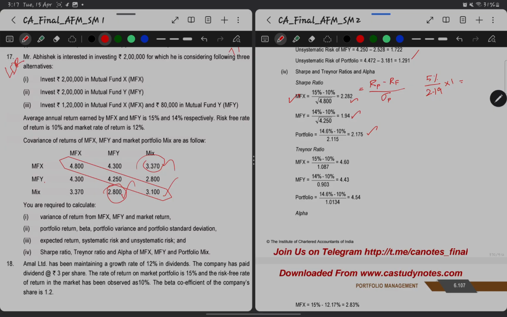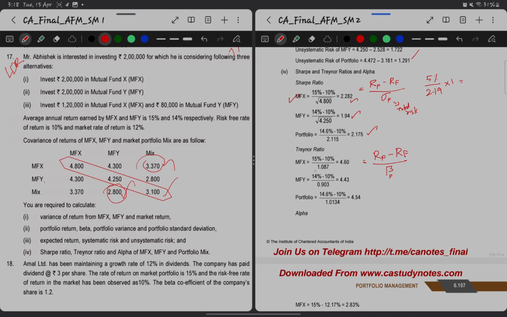Now the Treynor ratio measures the excess return per unit of systematic risk. In case of Sharpe ratio, it is the total risk. In case of Treynor, it is the systematic risk, which is nothing but beta. So as we have seen in our previous discussions, beta is the sensitivity of the stock towards the market return, and that clearly explains the systematic risk of the stock.